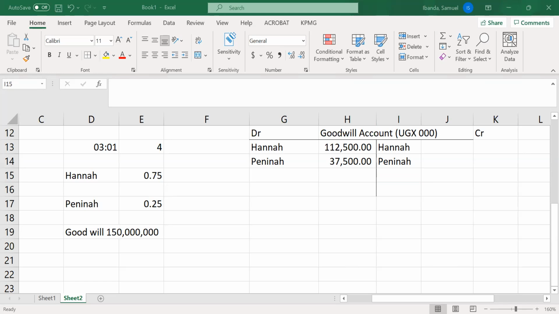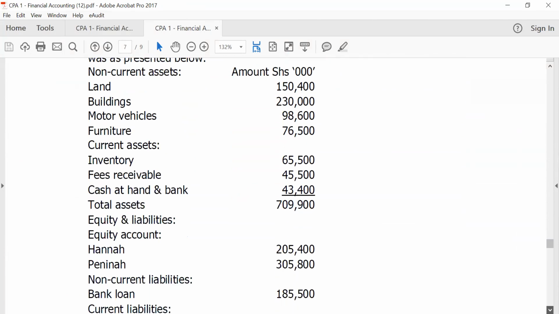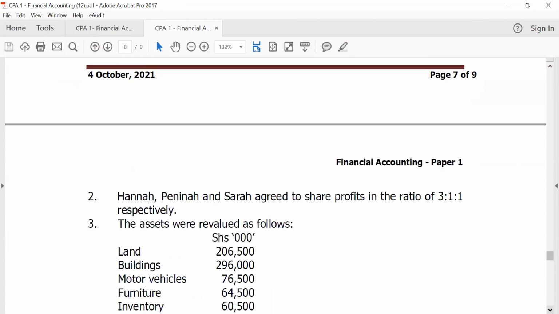The other new partner is Sarah, so I'll just add Sarah's name here. Remember their ratio has changed. They have told us it's 3 to 1 to 1. So that is the new sharing ratio.